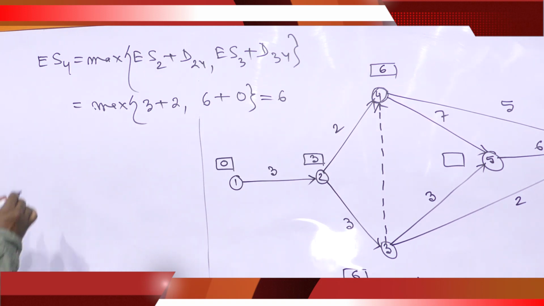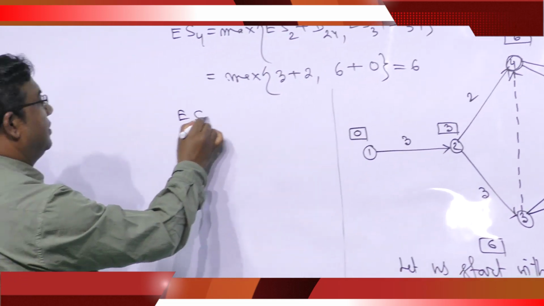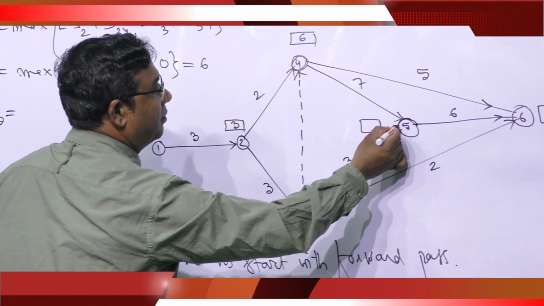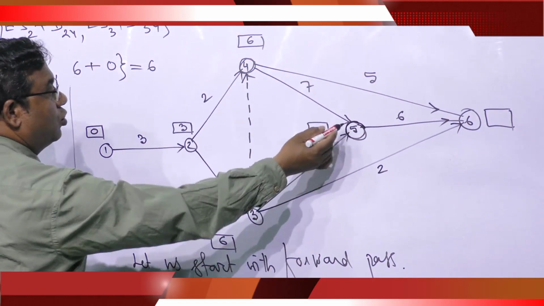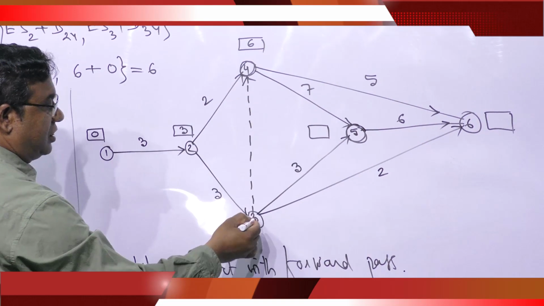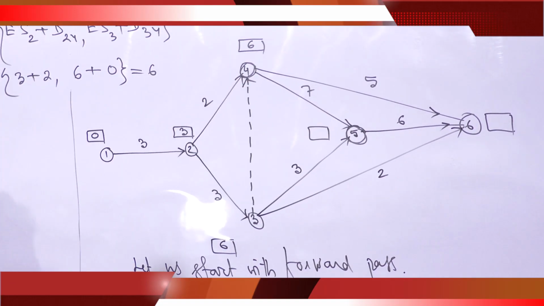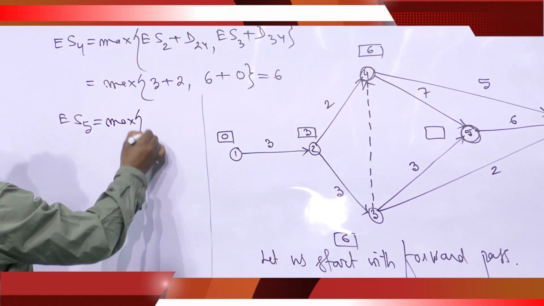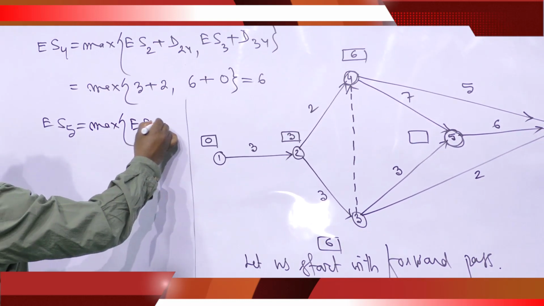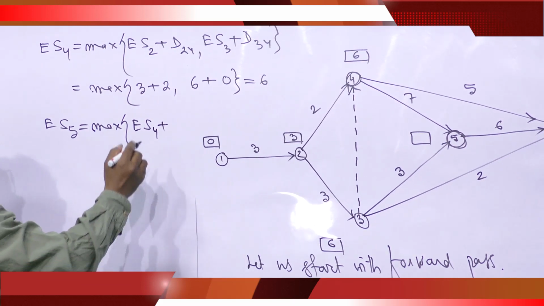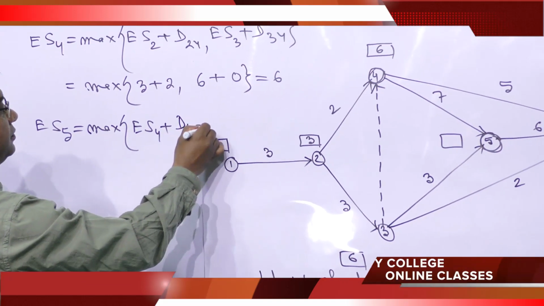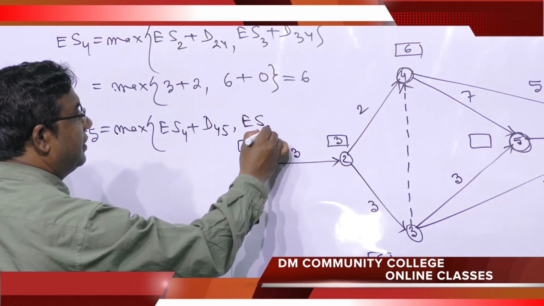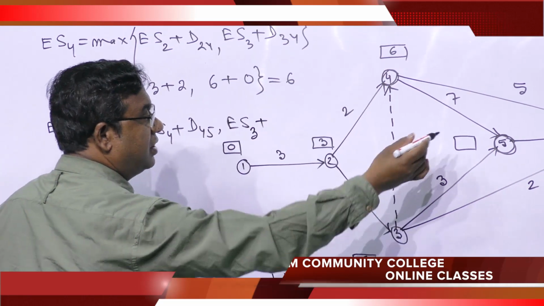Next, ES5. Here, for node 5, there are 2 routes, one from node 3, one from node 4. So we have to write the maximum value of ES4 plus D45, ES3 plus D35.